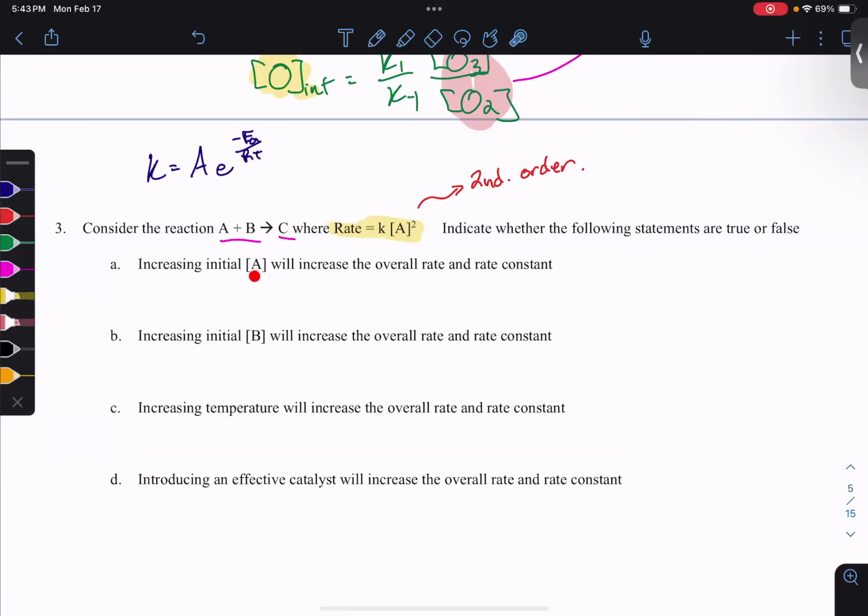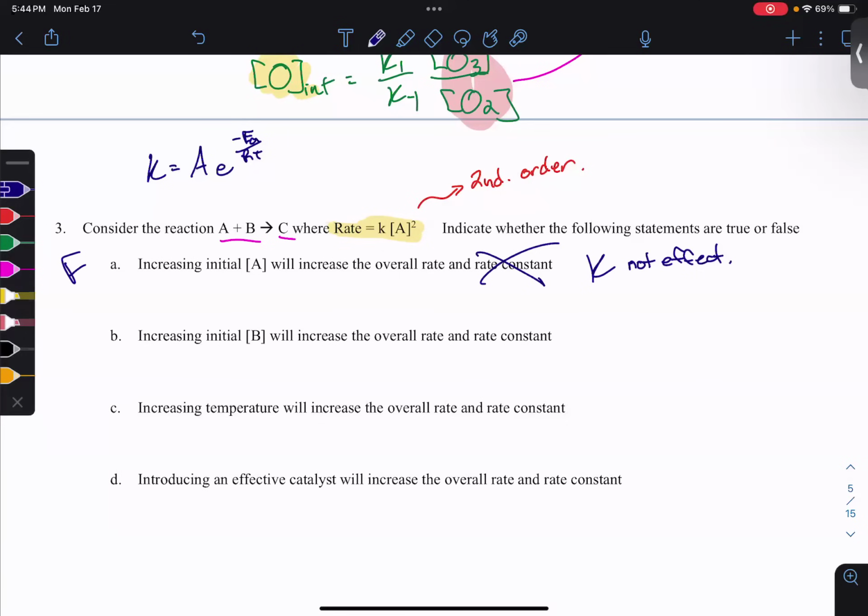So if I increase the A concentration, yes, the reaction goes faster, rate goes up, but not because K increases. So this first one is false, and the reason is because K does not change. Increasing concentrations has no effect on the rate constant, but it does have an effect on the rate.